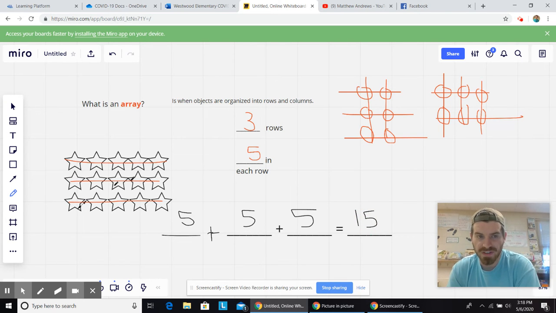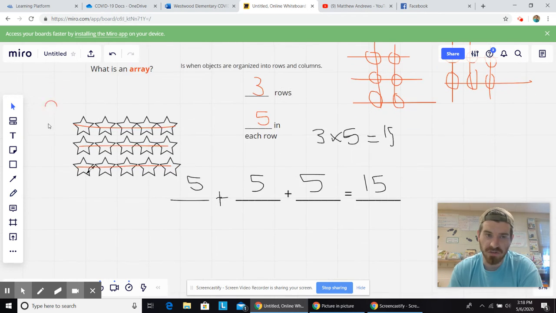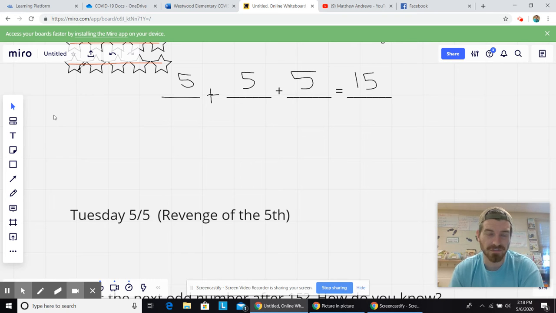So it's important that the kids know this, because this is an introduction into multiplication. All multiplication is adding the same number over and over and over again. So this is really the same thing as 3 times 5 equals 15. So that's why this is important for the kids to understand. All multiplication is adding the same number over and over again.